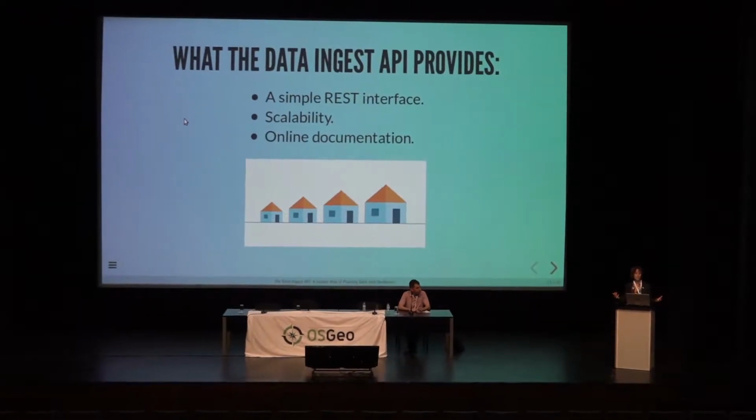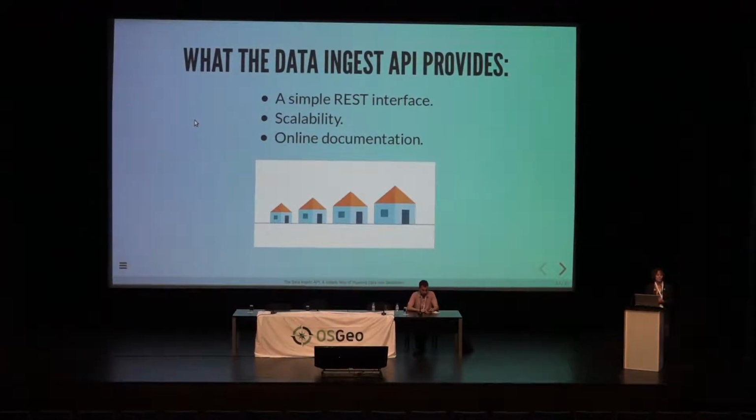So what does the data ingest API provide? As I said before, it's a very simple REST interface which allows you to upload data into GeoServer, to update data, to download data, and also to unregister data, and then to do some queries like listing the data sets or describing them. So it's really two or three things.